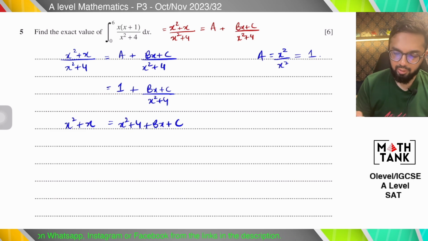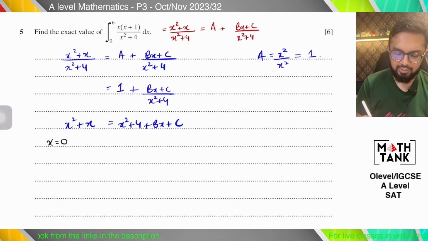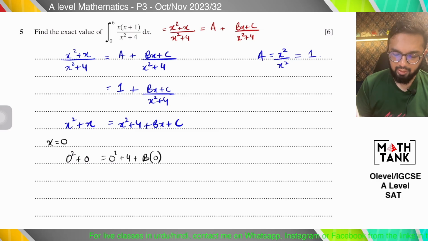Now I'm going to do a cover up method. Since I have no brackets, I can take any values of x. Let's take x equals 0 and see what value of the unknown we are getting. So c equals -4.